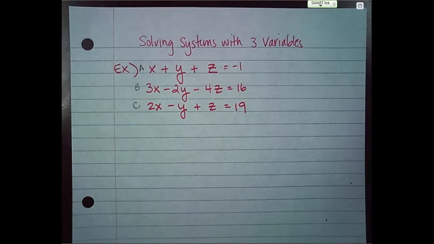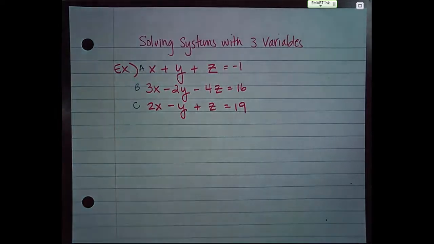But I'm looking for 2 lines right now. And if I notice here, this Y and this Y, if I use just A and C, these Y's will do what to each other? They'll cancel. Now, that's not the only way to do it. That's just where we are going to start today. So we're going to cancel Y's.